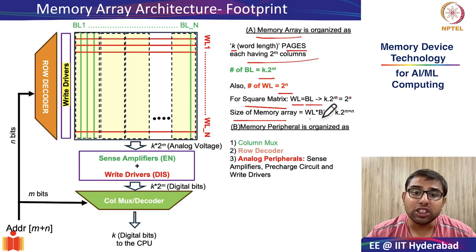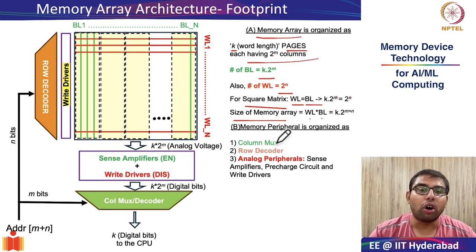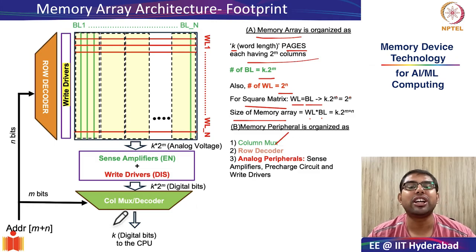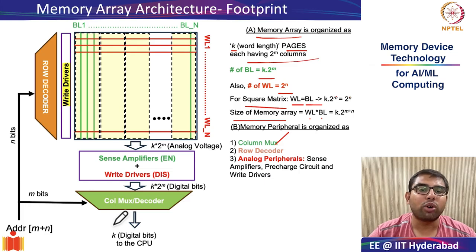Next, we looked at two important components of the memory peripheral, which help us, as I said, in reading and writing data into this memory array very effectively. It consisted of your column mux. The job of the column mux was to receive all these K times 2^M bit lines and convert them into just K bits.